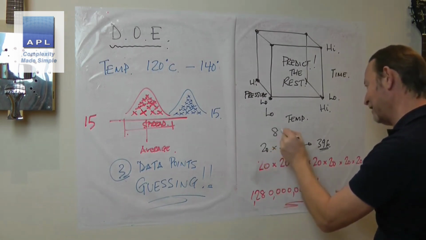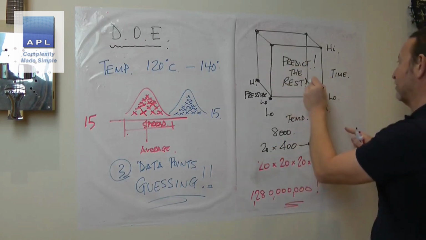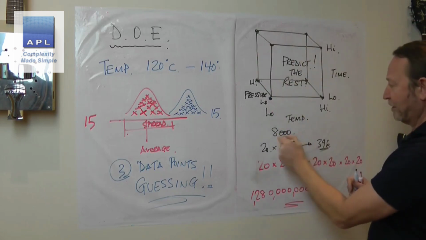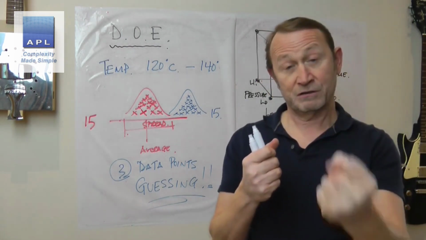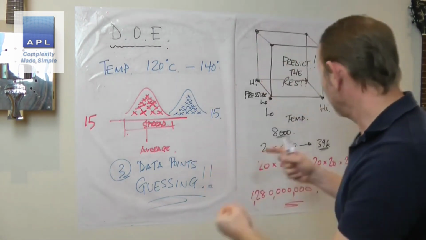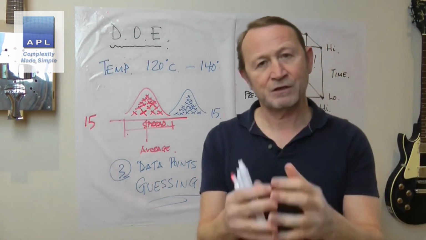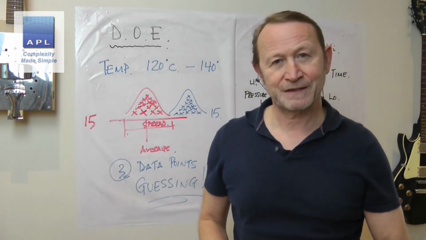It's gone to 8,000 combinations. How many places have I tested? Well, I've just tested 8 corners, and now I can predict the other 7,900. This is getting powerful, because if I add another one, it goes to 16,000 combinations. I'm only going to test 16 points.